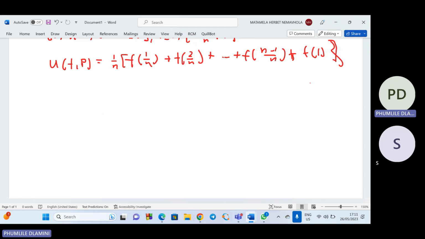So this is the upper sum that I showed you. Now the lower sum.